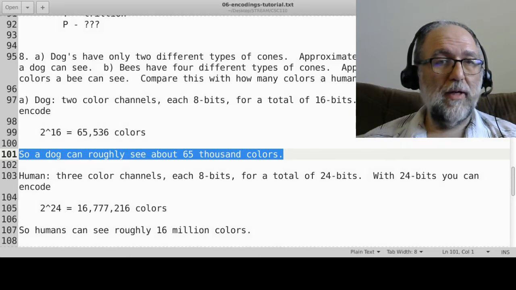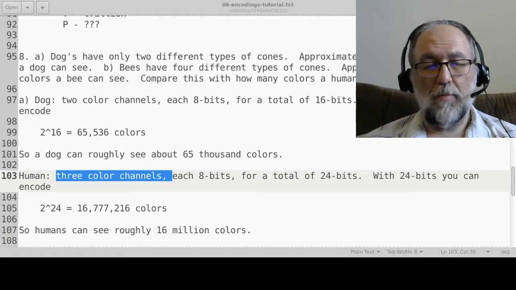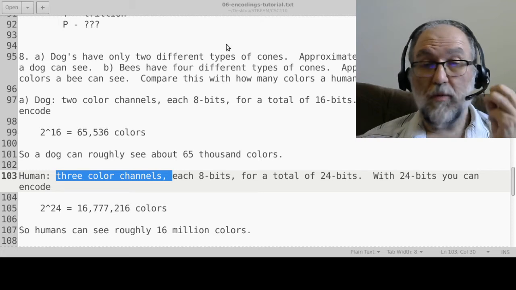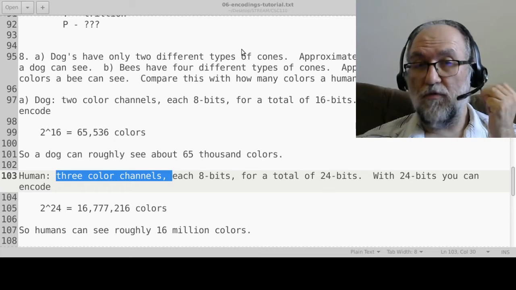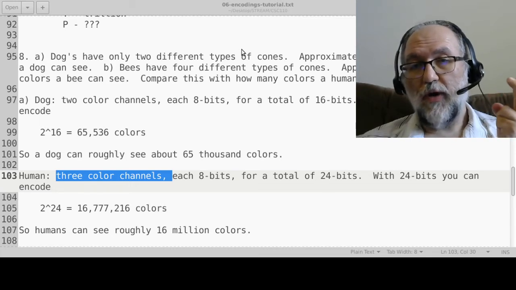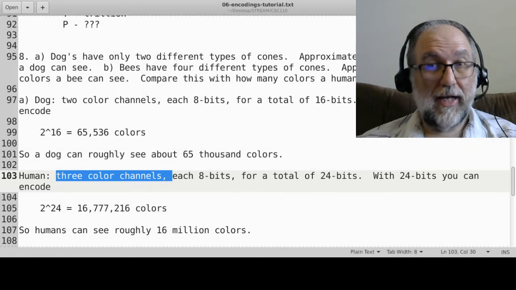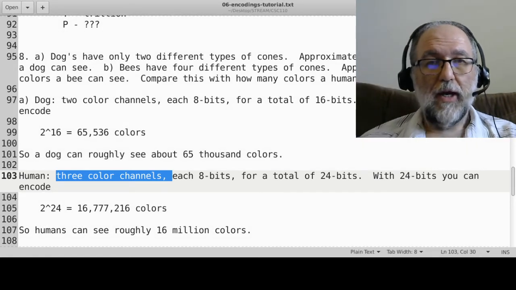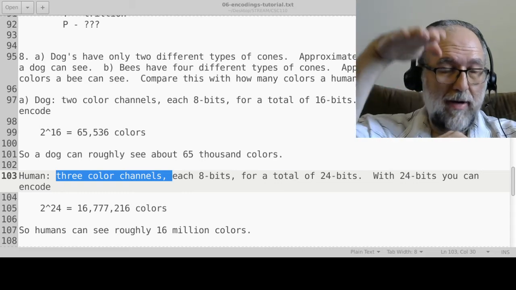Now humans, we have 3 color channels. This is what I did in the lecture, but just to remind you, we have 3 color channels. So that means we have 3 primary colors. All the colors we see are made up of a mixture of these 3 primary colors: red, green, and blue. Each one of those primary colors has a different level associated with it. In other words, you can have a lot of red or very little red or a medium amount of red.